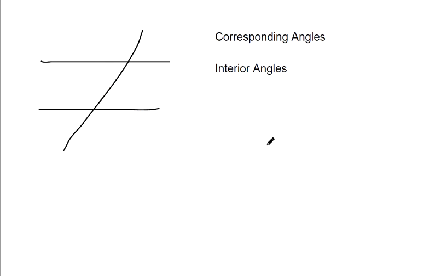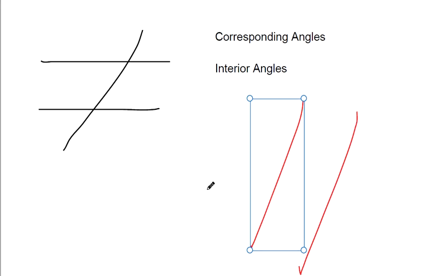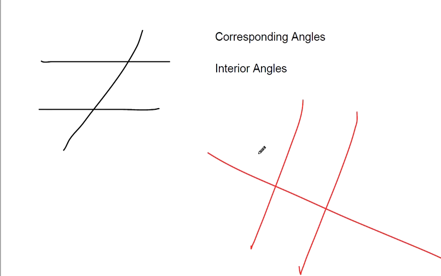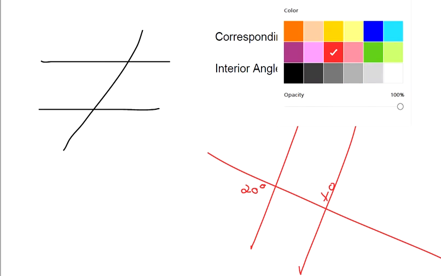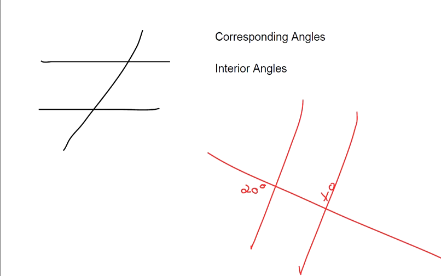Okay, so here's an example of a problem. If I have that this is 20 degrees, and then I'm supposed to solve for angle X over here, well, I would like to use the fact that corresponding angles are always the same. Let's try this color.